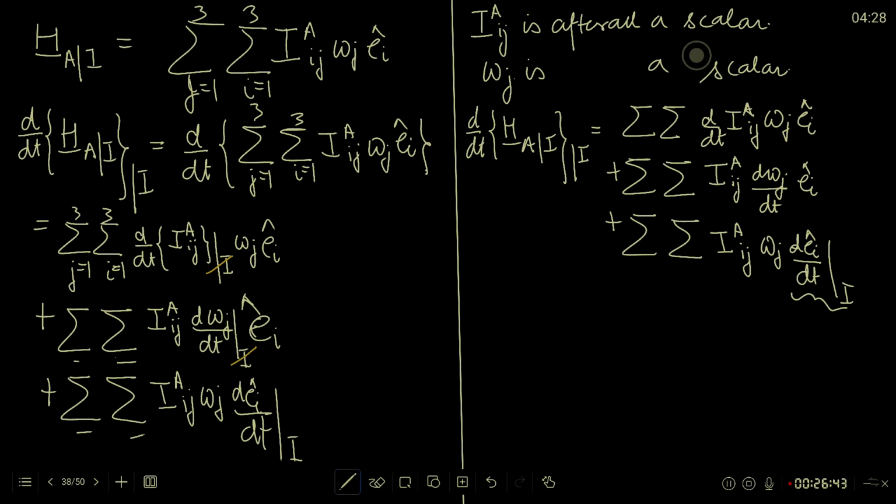Is the algebra complicated? Sure it is. You have a lot of terms here. There are 9 terms here. Another 9 terms here. Another 9 terms here.